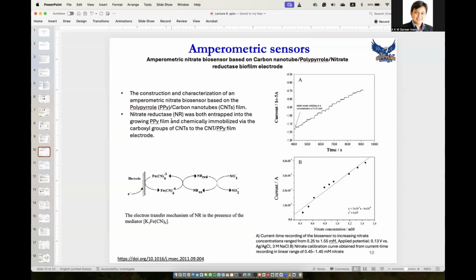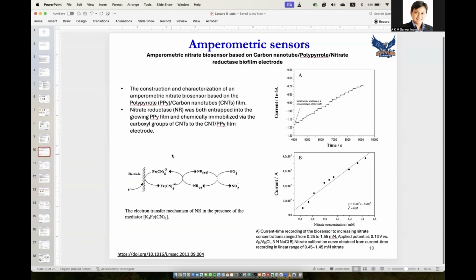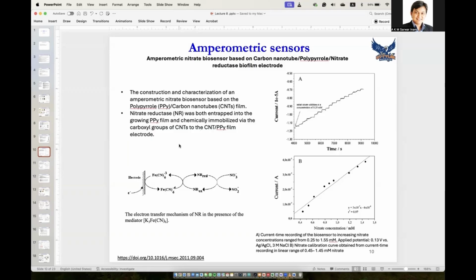So here you can see the construction and characterization of an amperometric nitrate biosensor based on the polypyrrole carbon nanotube film. Nitrate reductase was both entrapped into the growing polypyrrole film and chemically immobilized. So what is happening here? The optimum amperometric response for nitrate was obtained with 0.1 molar phosphate buffer solution, and the pH must be 7.5, and they also used 7 millimolar potassium ferrocyanide.